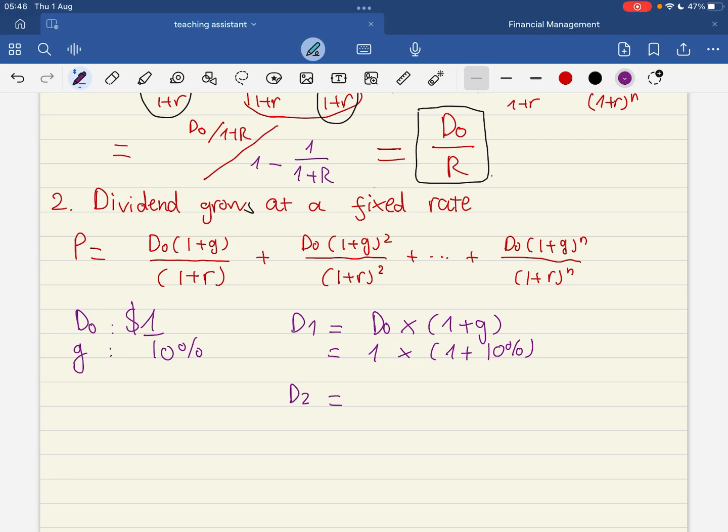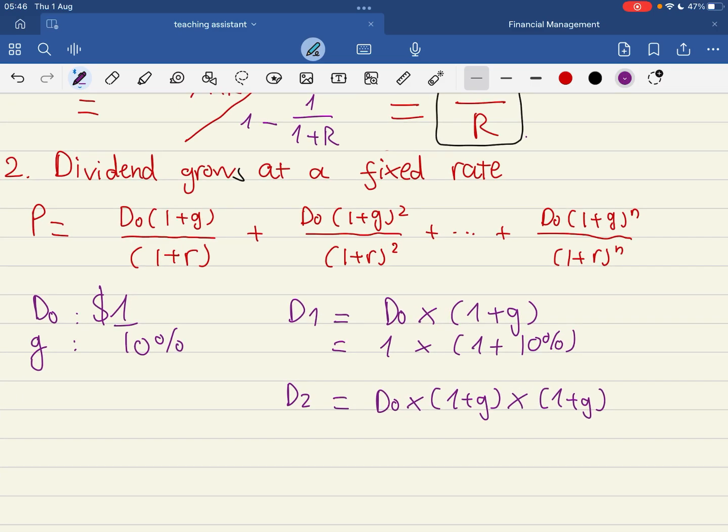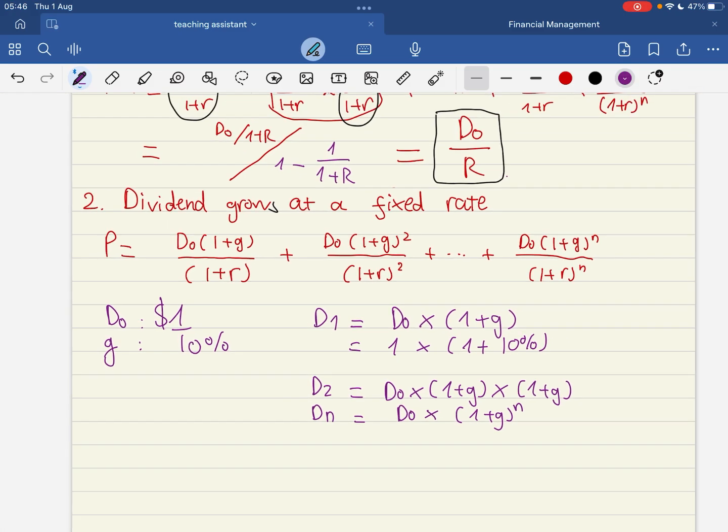And D1 is equal to D0 times 1 plus G. So how can we get the D2 then? We times with another 1 plus G, which is 1 plus 10%. So if we apply the concept, we can come out with this formula, which is Dn. So the dividend after n years is equal to D0 times 1 plus G to the power of n.